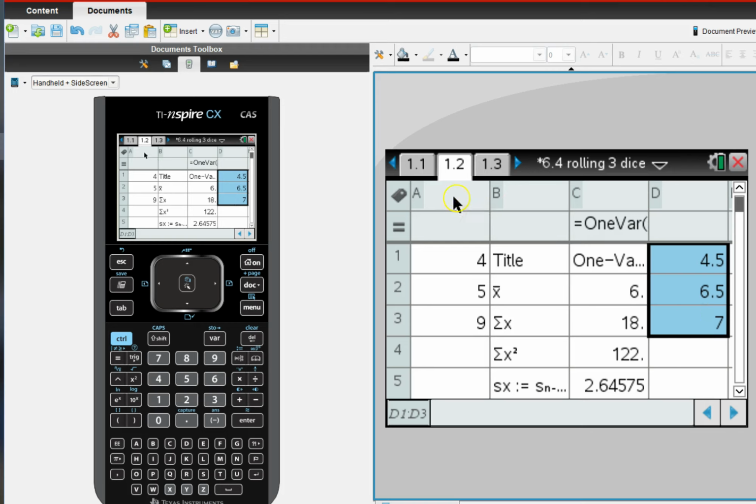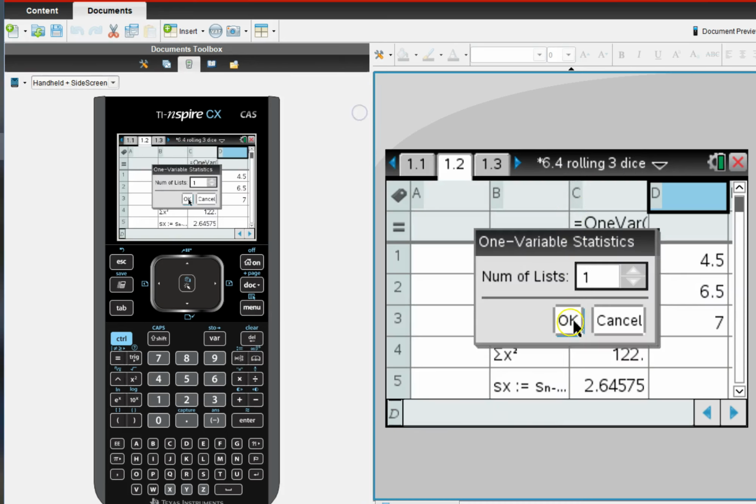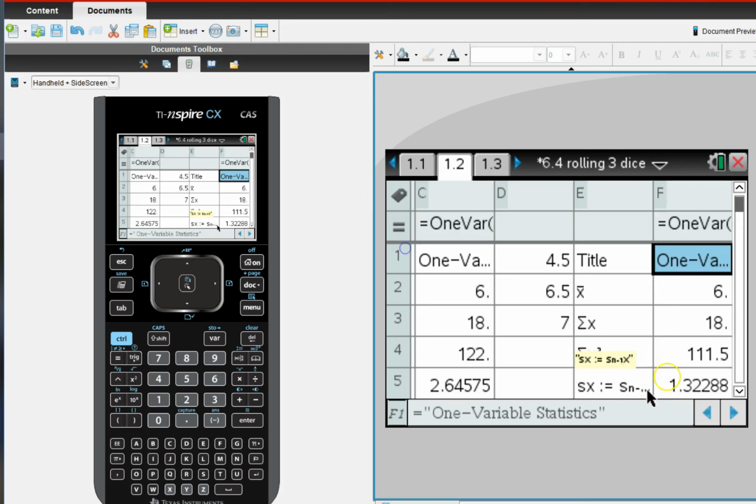This was our regular data. This is a collection of means. What if I found statistics on our sampling distribution? Well, notice the mean of our means is equal to the true mean. These two are equivalent, okay?